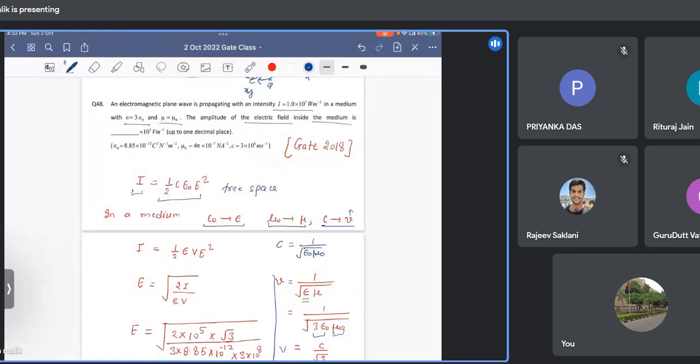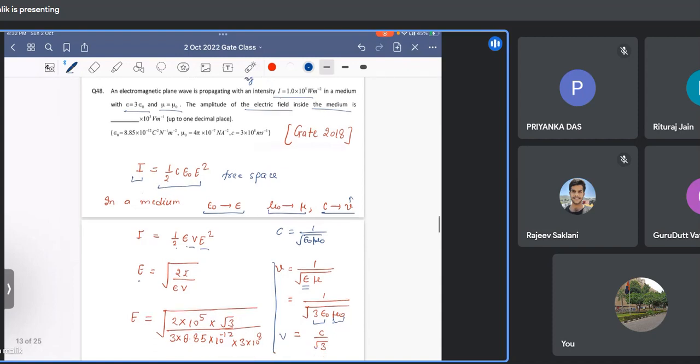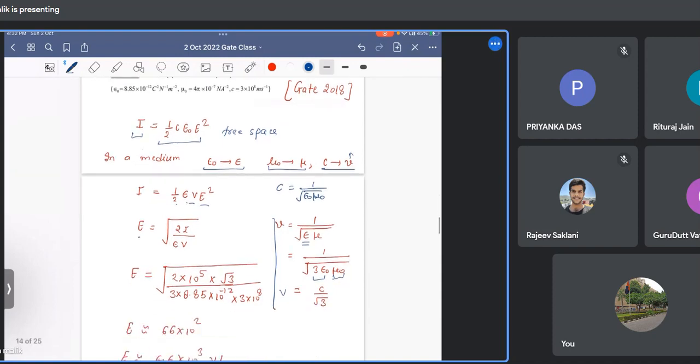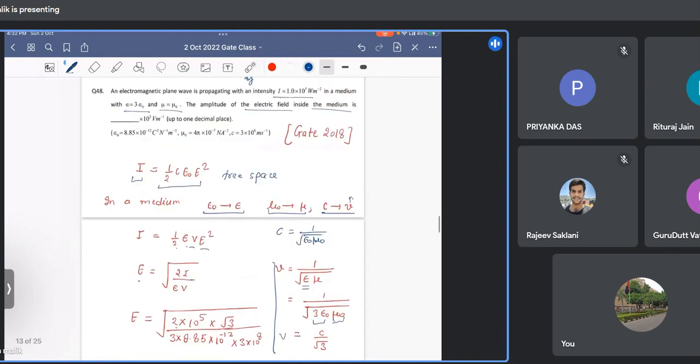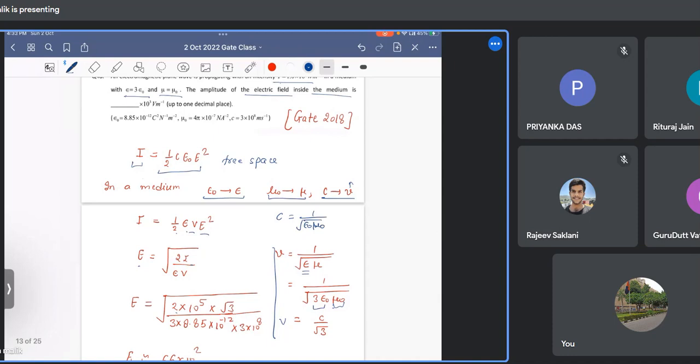So in the expression of intensity I, which is given by 1 by 2 epsilon V E square, we have to calculate E, which is square root of 2I by epsilon V. So I is given by 1 into 10 raised to power 5, multiplied by 2, divided by epsilon, which is 3 times epsilon naught, multiplied by V, with V equal to C by root 3.